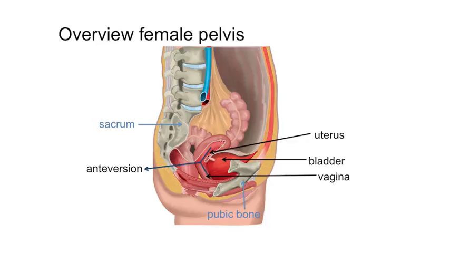Note that the uterus is curved, as the fundus points anteriorly relative to the cervix of the uterus. This is called anteflexion of the uterus. Anteversion and anteflexion are the most common positions. However, they can also angle or bend posteriorly, which is called retroversion and retroflexion.